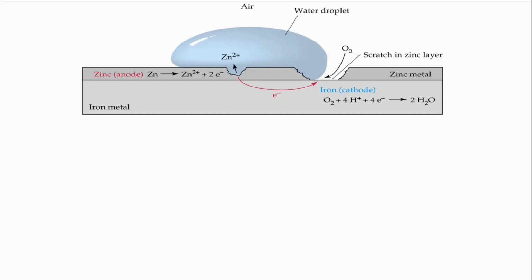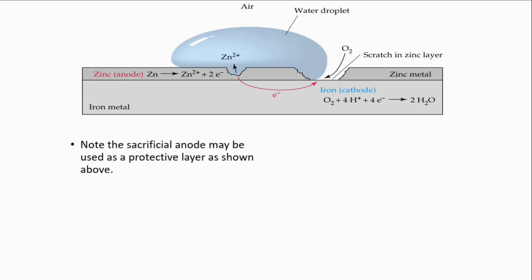And so zinc is more likely to undergo oxidation compared to iron metal. We have to check those potentials: the potential for the reduction of iron 2 versus the reduction of zinc. Those numbers I threw out a while ago were just off the top, so we have to verify them. So this is an example of zinc being used to protect iron metal.